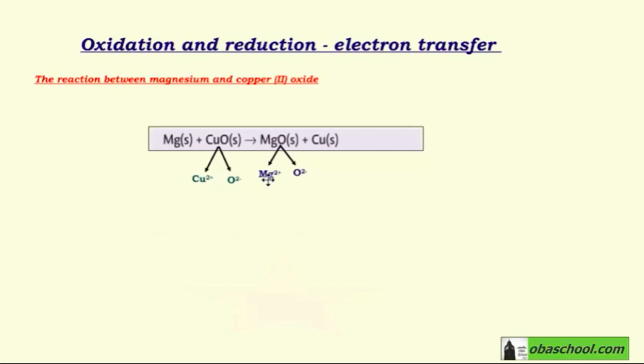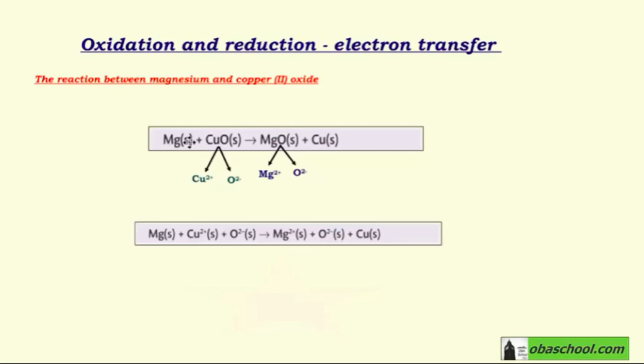So let's copy this equation. But instead of putting copper oxide, we will put copper plus oxide. And instead of magnesium oxide, we'll put magnesium plus oxide.